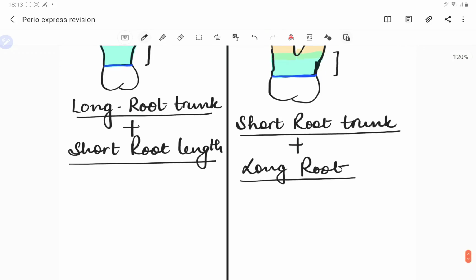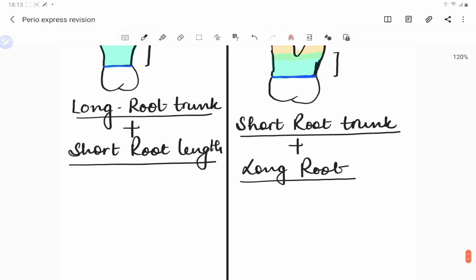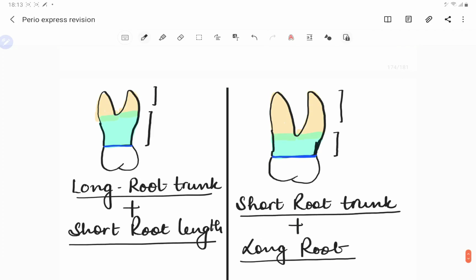In case there is a short root trunk, but the roots are long, if you can see here, when the roots are long and there is even a minimum amount of infection, suppose a minimum amount of invasion, what happens is even a minimum amount of bone loss will include the furcation. That means there are higher chances of the attachment which is existing because the roots are long.